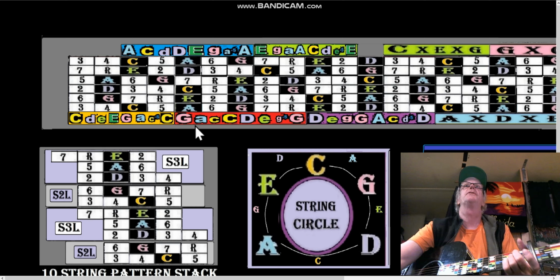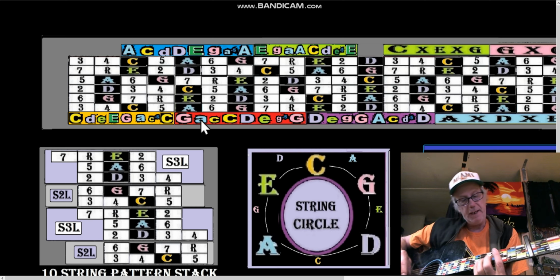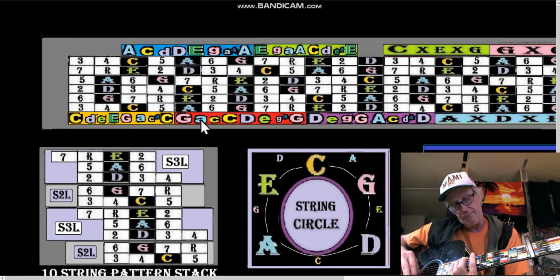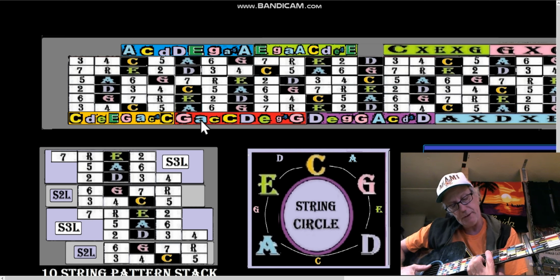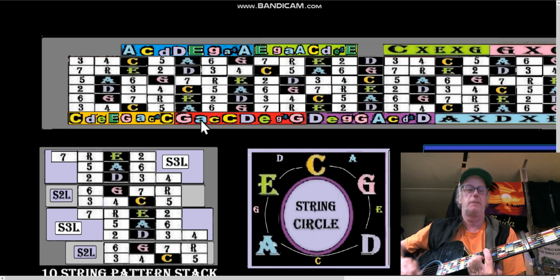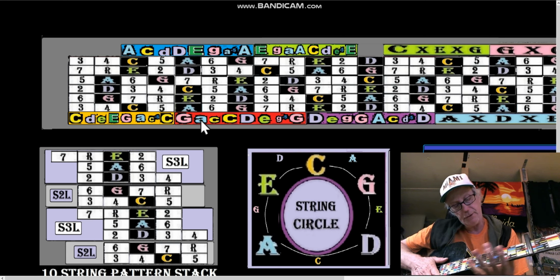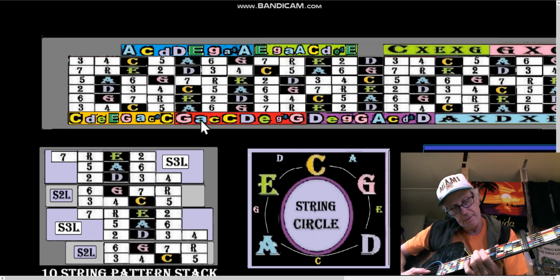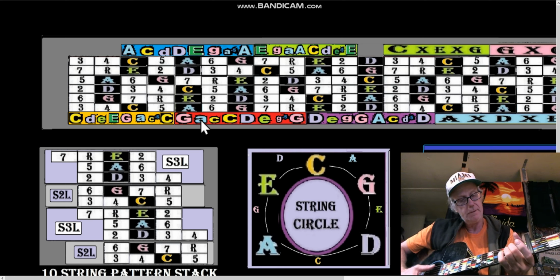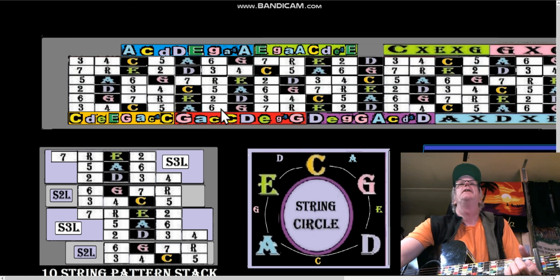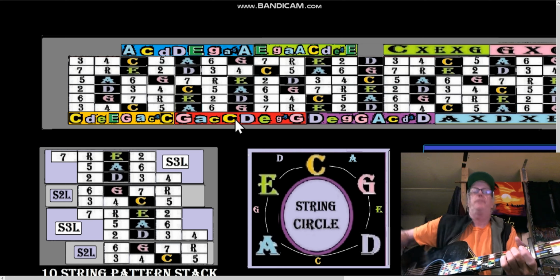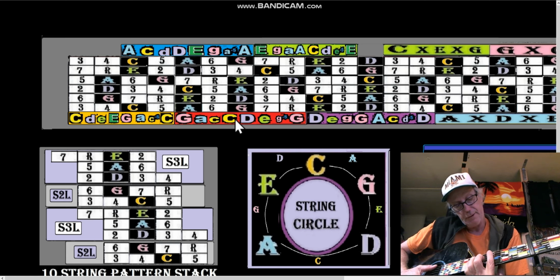So we had ourselves an A minor shaped D minor, and a C minor shaped E minor, that kind of thing. A C-shaped F. A C-shaped F. Let's play it.